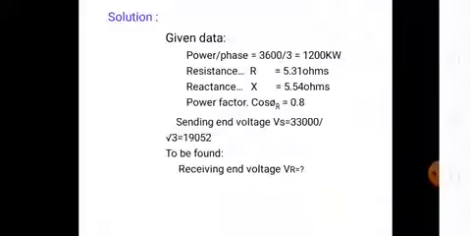We have to find the values of the receiving end voltage VR, the line current IL, and the transmission efficiency of the transmission line.